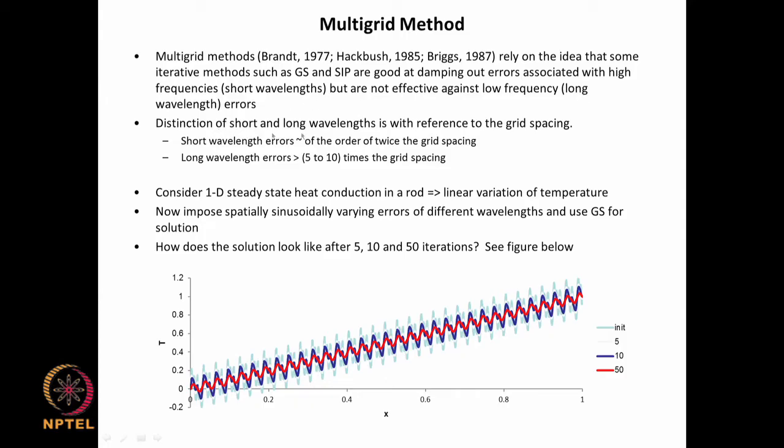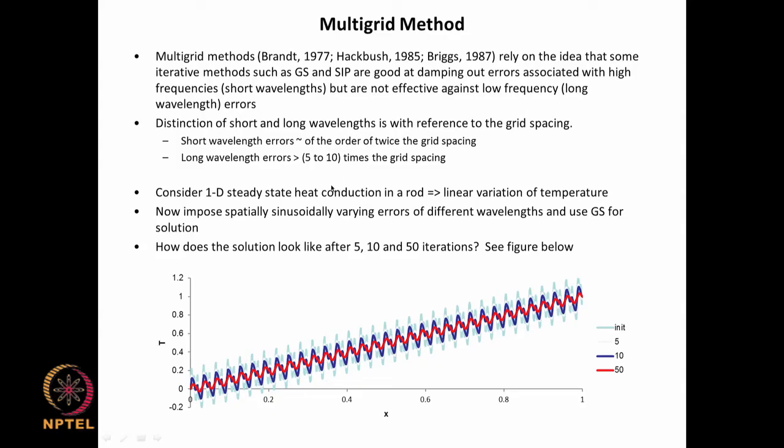The distinction of short and long wavelengths is with reference to the grid spacing. If you have an error which varies with a wavelength of twice the grid spacing, that is the shortest possible error, and so that is considered a short wavelength, and long wavelength errors are anything of the order of 5 to 10 times the grid spacing.